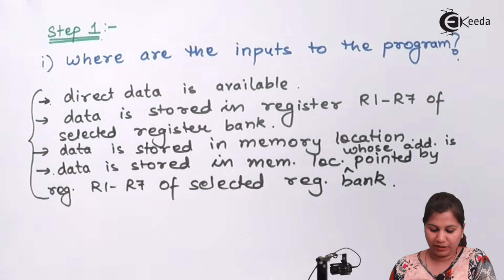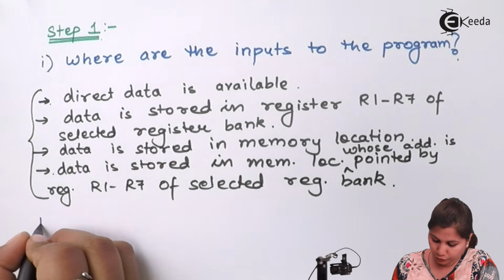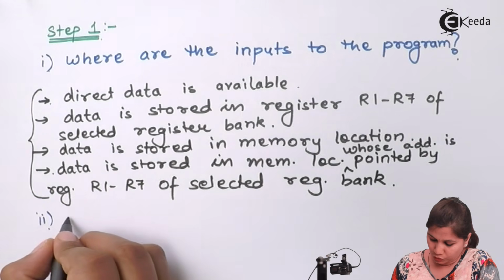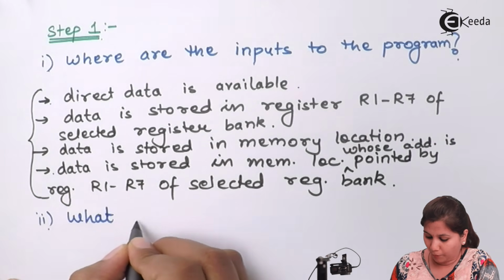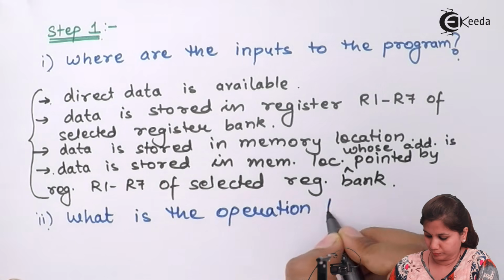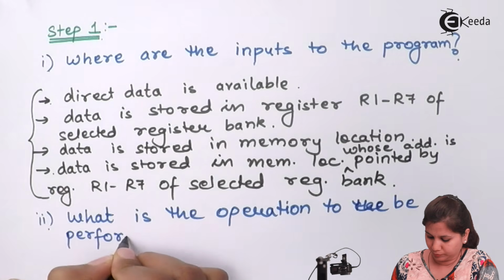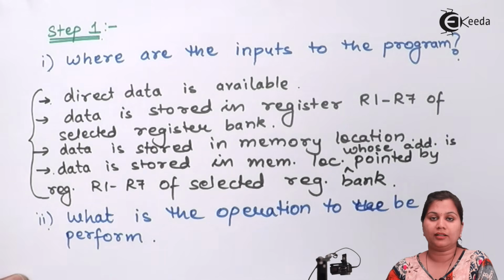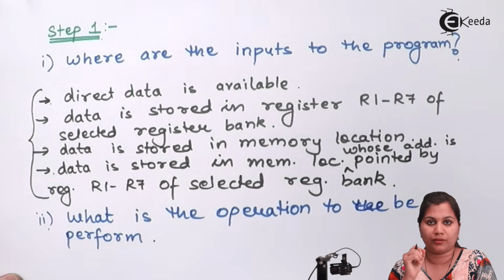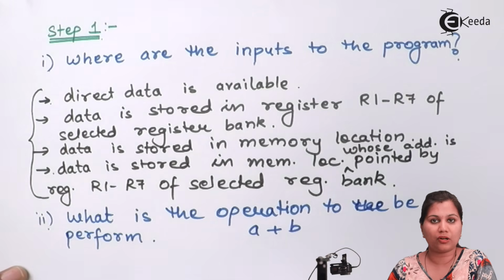Okay. Now when we have got our input, then the second thing which we will do is, what is the operation to be performed? Okay, like if we want to do the addition, okay, addition of 2 datas, then a plus b is the operation.